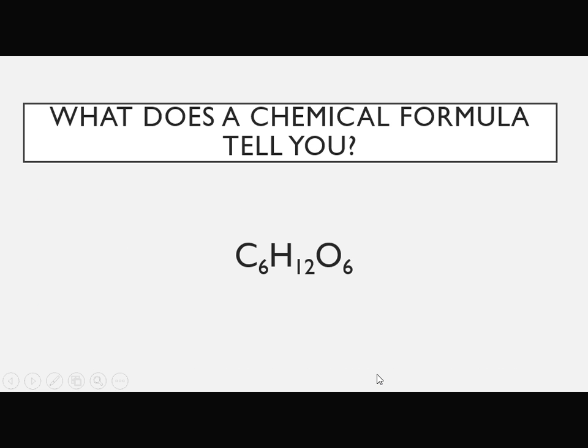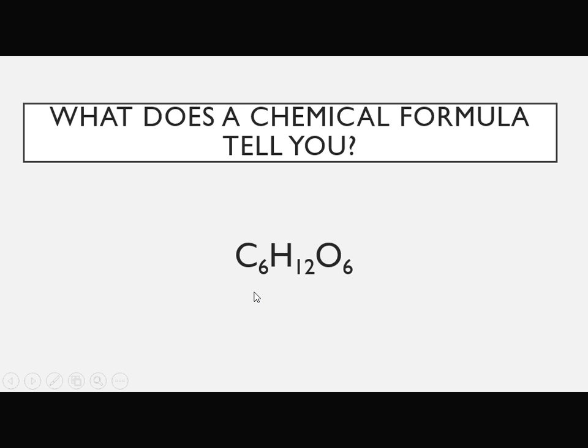Right here, glucose. Here's the chemical formula for glucose. What does this tell us? What does this formula tell us? Anybody got any ideas? No? I know you watched the video. What's something that this tells you, Colin?